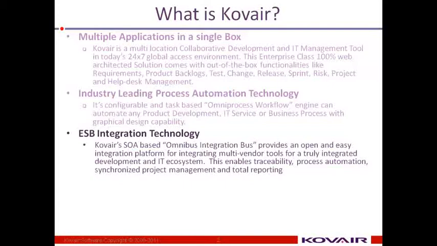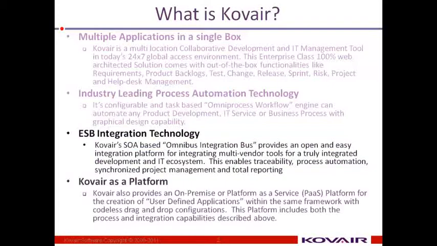In fact, the third-party products can be your own internal systems that you yourself have created. Kovair has a very strong technology, what we call the Omnibus Integration Bus, that allows you to connect to these third-party tools. So not only do you get multiple applications in one box, you also get that very powerful integration to your own third-party tools. Finally, Kovair is a platform that allows you to build your own applications.